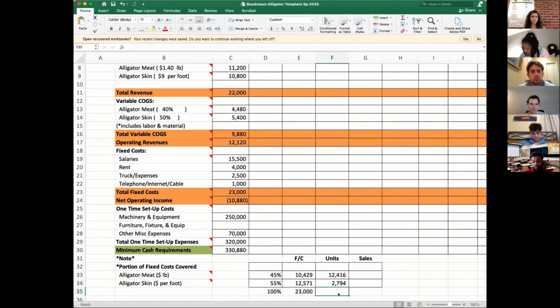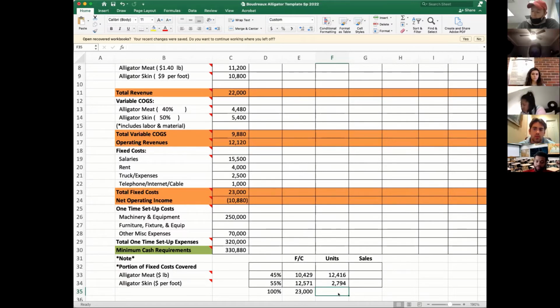So we know we need 12,416 units of meat, and we know we need 2,794. What do we need in sales dollars? Joseph, what do we need in sales dollars? We would say 12,416. What does that meat sell for? $1.40 per pound.